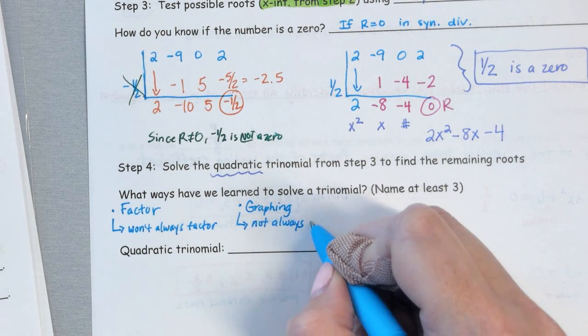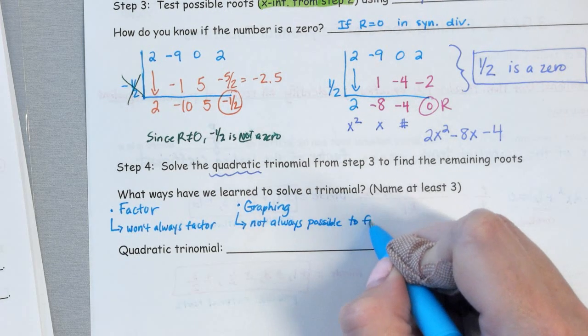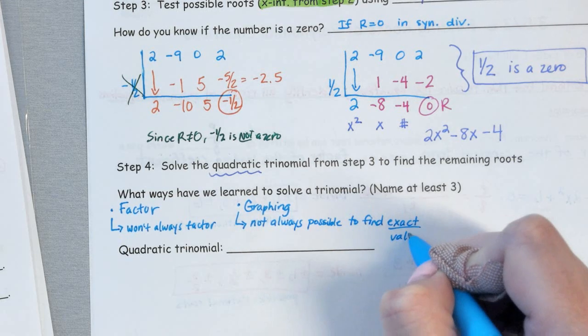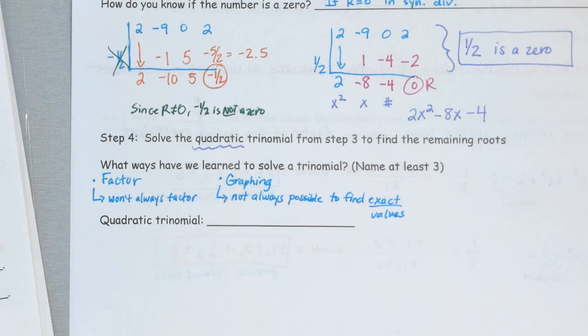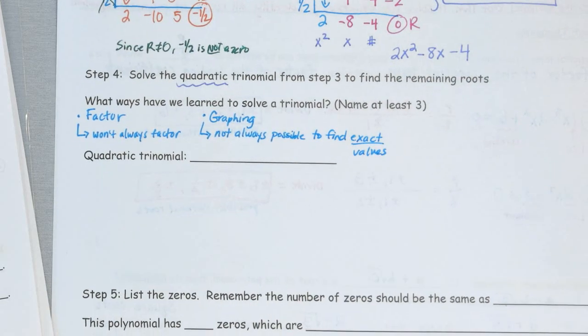So it's not always possible to find exact values. For example, you could have a radical as one of your roots, okay? And the graphing is just going to give you a decimal. It's not going to give you that exact value, and that's what we want, are those exact values.